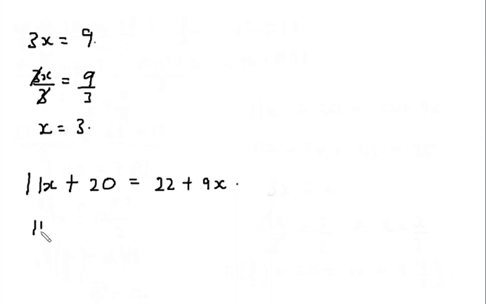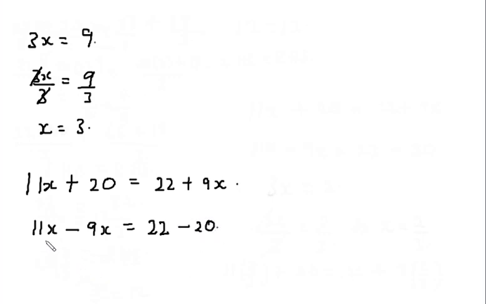So next up, we have 11x, moving 9x towards this side. 9x was positive here, so if you're moving it over to this side, it becomes negative. So this is minus 9x, and then this is equal to 22, which is the constant here. And then we are moving 20 over to this side, it becomes minus 20.